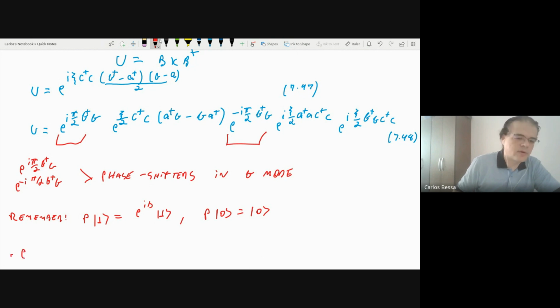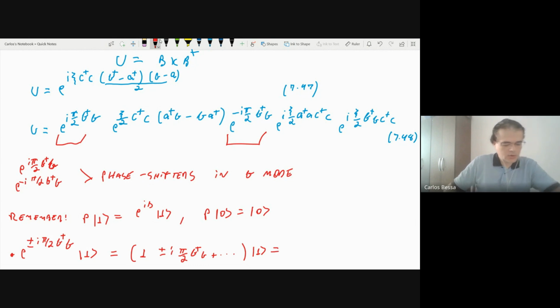If we have i pi over 2 b dagger b applied to state 1, we can make an expansion: 1 plus minus i pi over 2 b dagger b applied to 1.